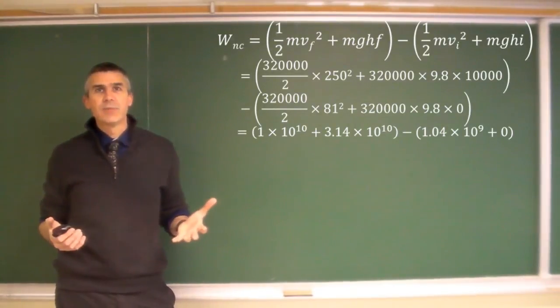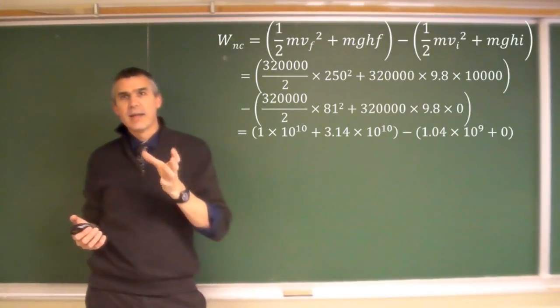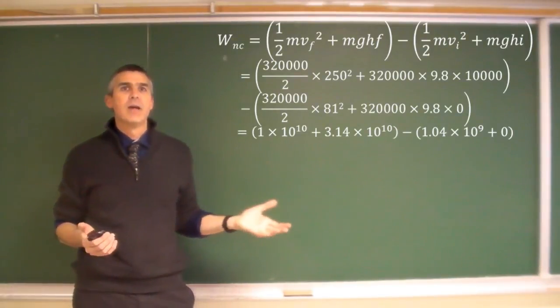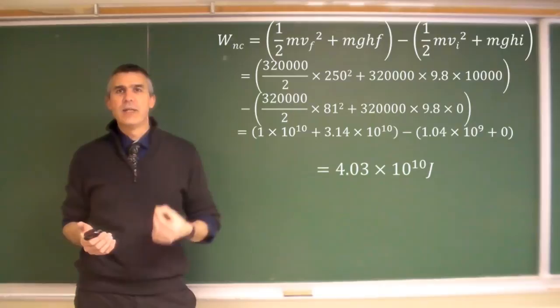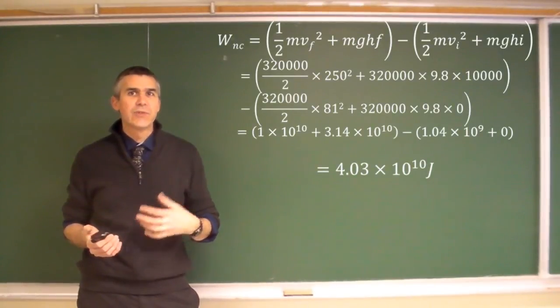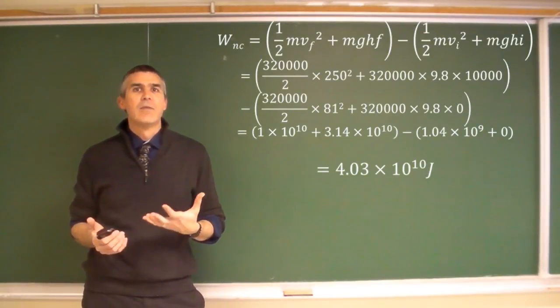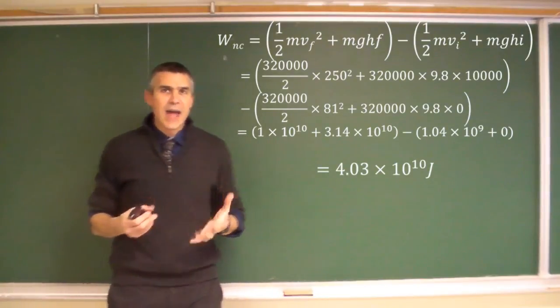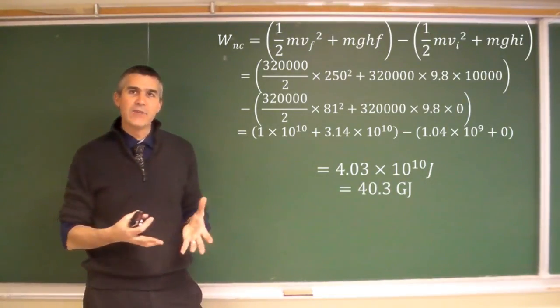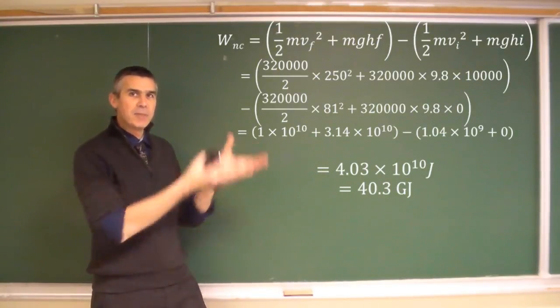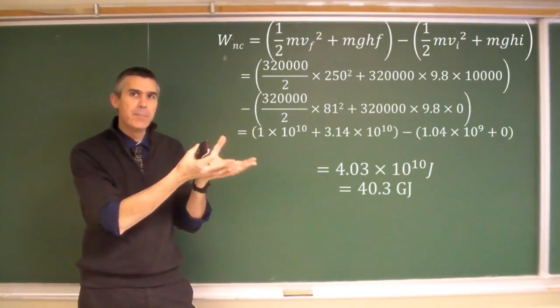We take those terms, we subtract the initial kinetic energy from the final kinetic energy, and we wind up with 4.03 times 10 to the 10 joules, or 40.3 gigajoules. That's how much energy is expended by the engines just to lift the plane up to that height and get it up to speed.